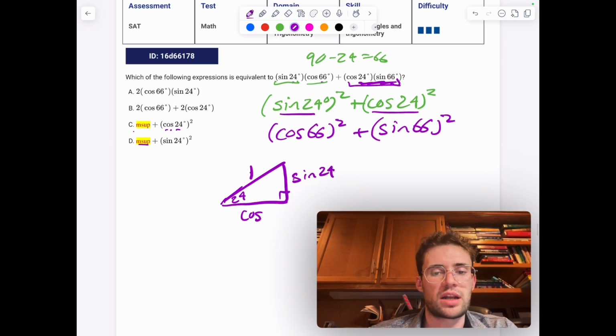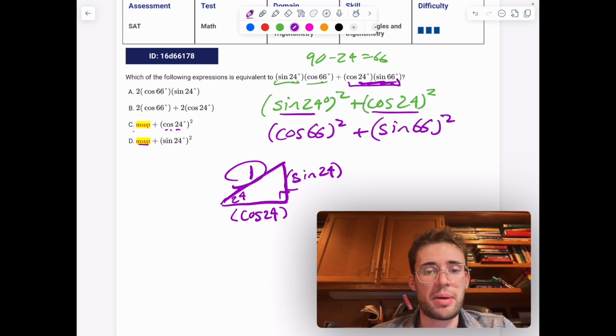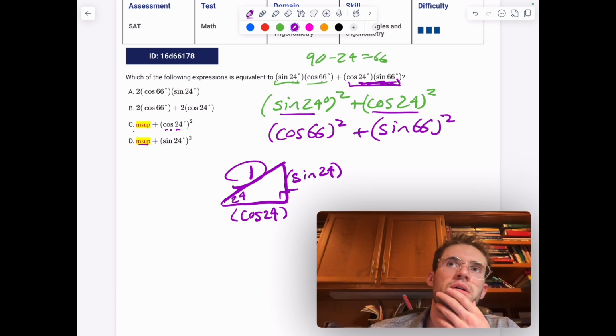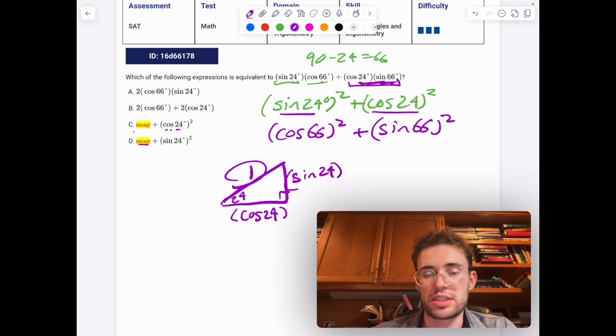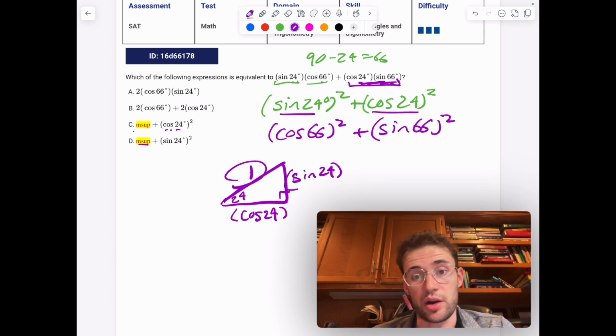Then this would be the cosine of 24 degrees. So the sine of 24 squared plus the cosine of 24 squared should be equal to the hypotenuse squared, which, for the unit circle, where these come from, would be 1 squared. So the sine of an angle squared plus the cosine of the same angle squared equals 1.